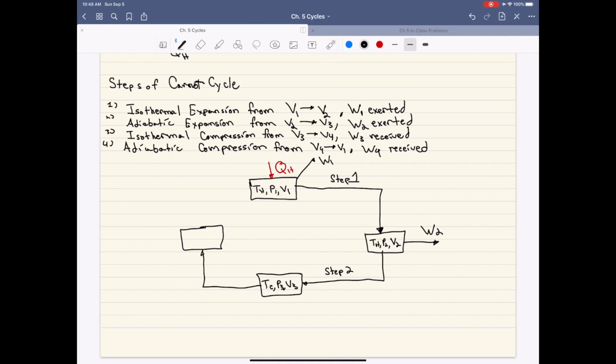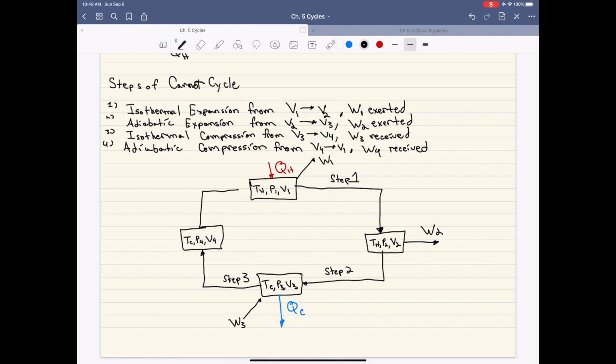In step 3, the gas loses heat, and work goes into the system. Mechanical work goes into the system to compress it, and this causes the pressure and the volume to change. But this is done isothermally, so the temperature remains the same.